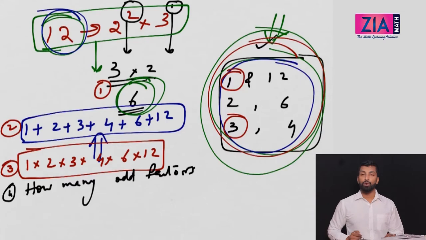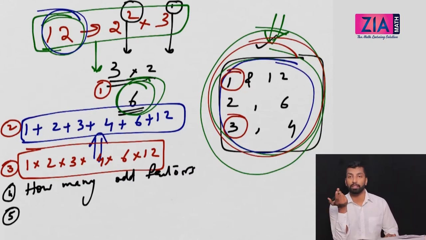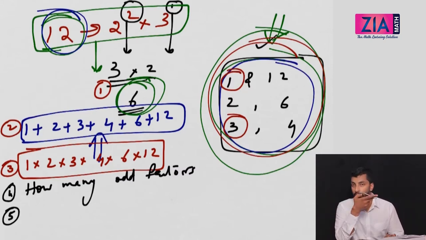So if I can ask you about odd factors, I can ask you how many even factors are there. That is going to be easy. If you know the method for finding odd factors, you know the total number of factors, which is 6, minus odd factors, you get even factors. Or if you know the number of even factors, subtract that from the total number of factors, you get odd factors. So you just need to know the method of finding either odd factors or even factors. You can get the other easily.